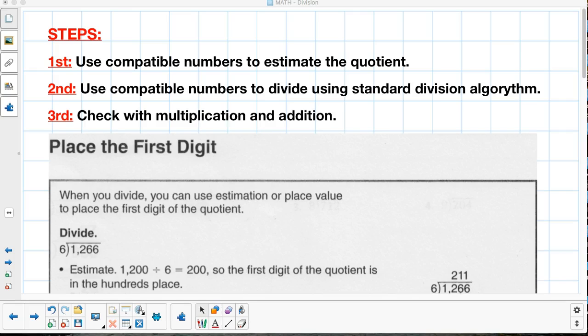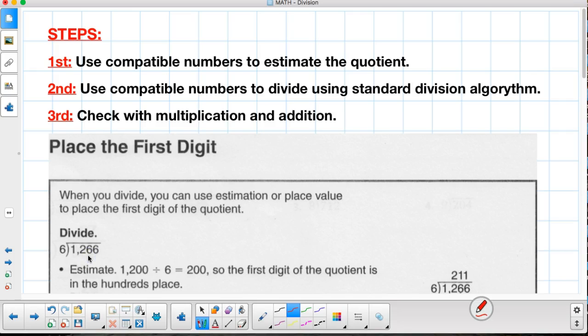Right now, what we have here as an example is a 4-digit dividend, and we have a single-digit divisor. Let's take a look at the steps. First of all, we really want to use mental math as much as you can.